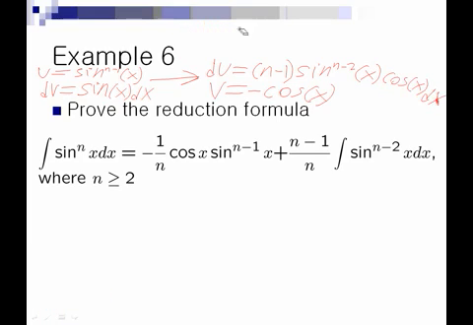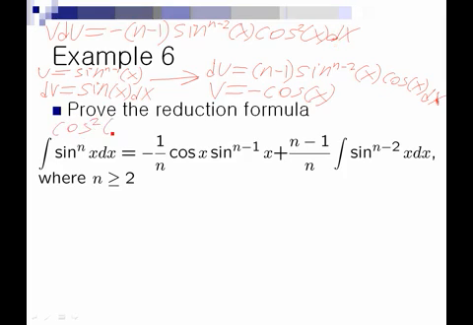So let me go ahead and write this out over here. So v du now consequently will be minus n minus 1 times sine to the n minus 2 of x cosine squared of x dx. Note, cosine squared of x equals 1 minus the sine squared of x.